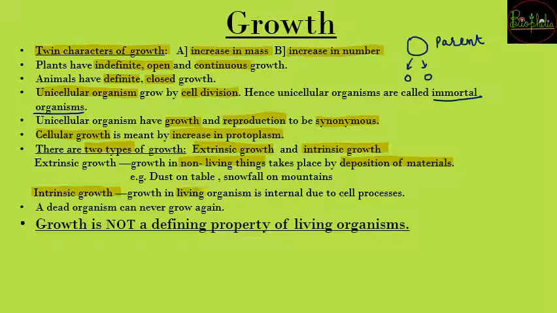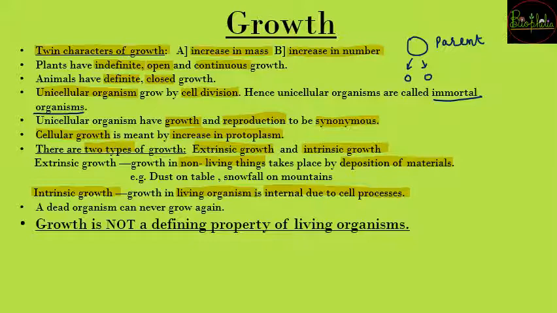In living organisms, the growth is internal because of cell processes. Growth happens internally and it is unidirectional, meaning once you grow, you never come back to your original size.